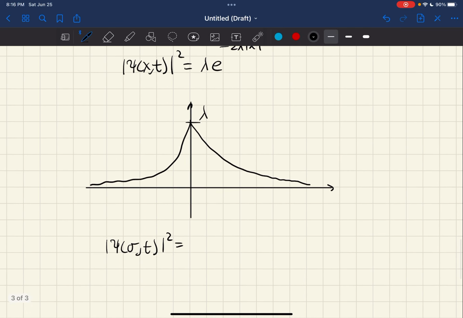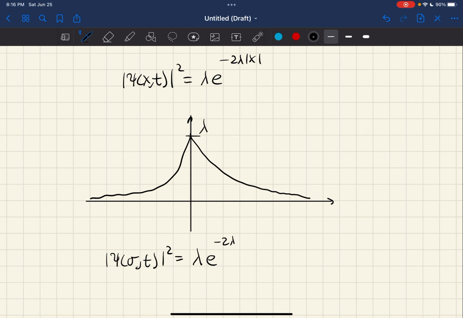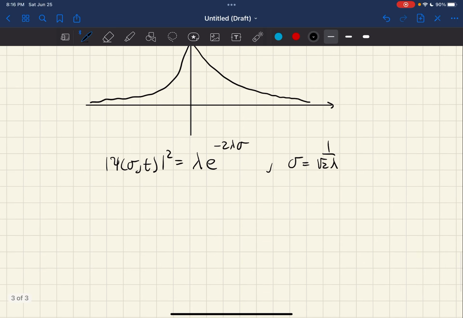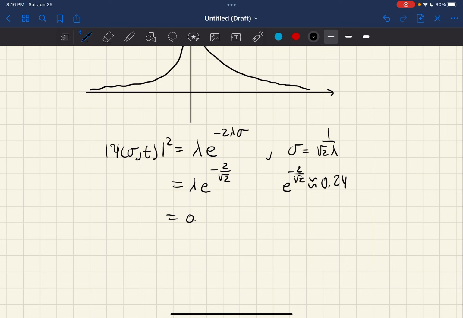So what is this? This is lambda e to the minus 2 lambda times the standard deviation, and the standard deviation is just 1 over root 2 lambda. So this just equals lambda times e to the minus 2 over root 2. And e to the minus 2 over root 2 is approximately 0.24. So that means that this is 0.24 times lambda.